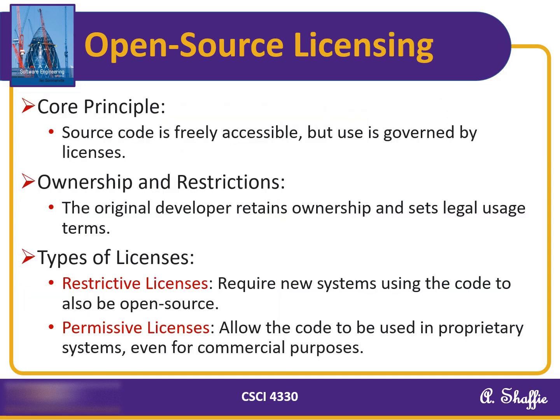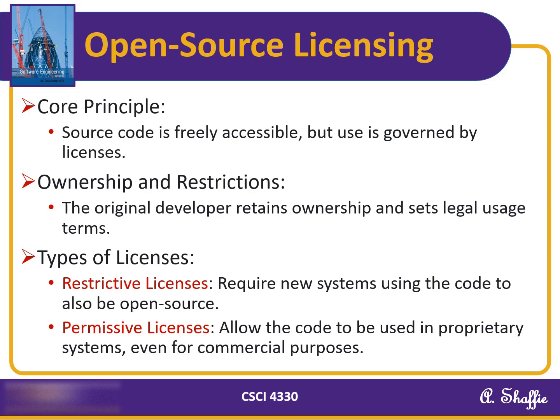In this slide, I will talk about open source licensing, which is an essential part of the open source software model. While the source code is freely accessible, its use is governed by a specific license.